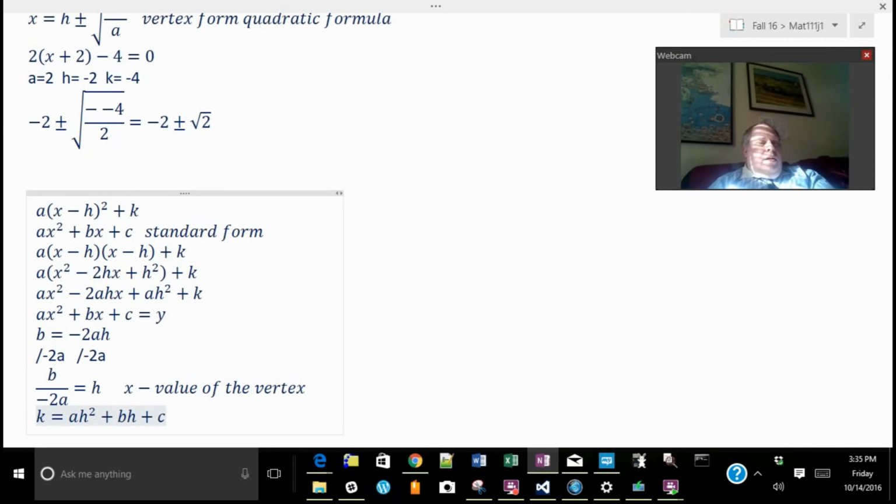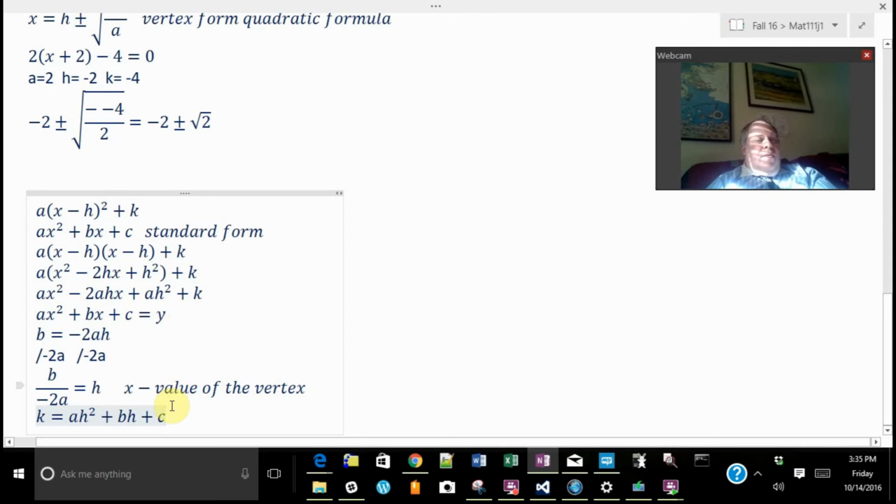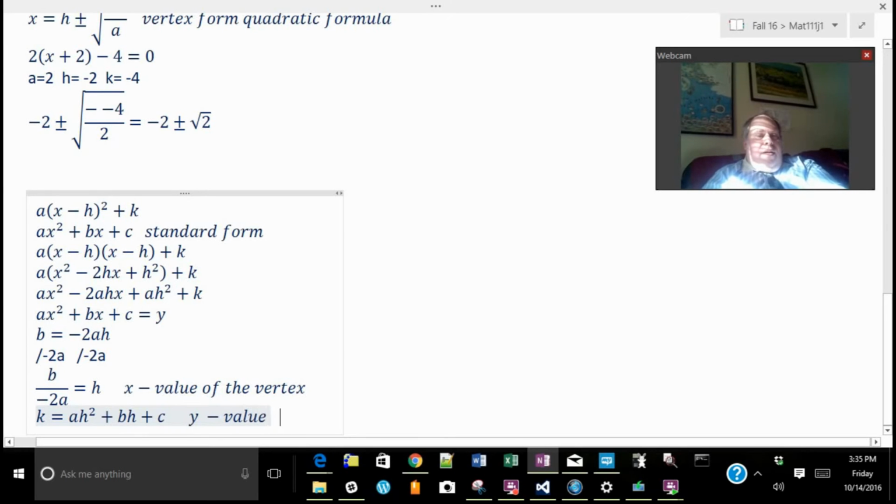Whenever we plug any x value into here, we get a y value. So k is the y value of the vertex.